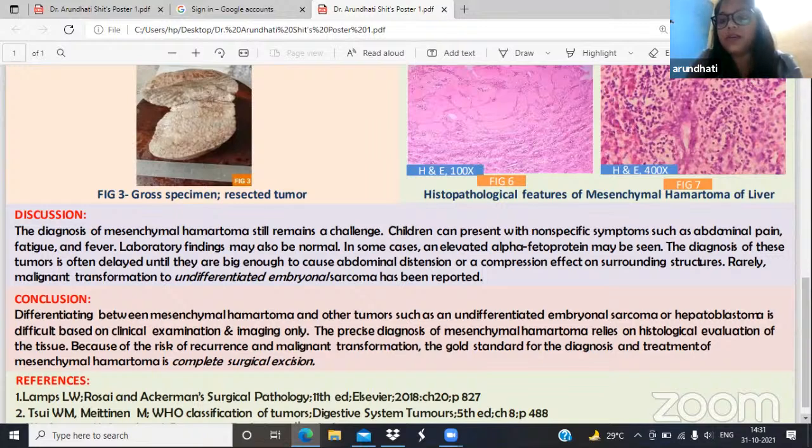Ma'am, stellate cell or Ito cell of liver. Ito cell. Can you find hepatocytes within mesenchymal hematoma? No, ma'am. I will find seeds of proliferative hepatoblasts without acinar architecture. Okay. And what is the origin of them?